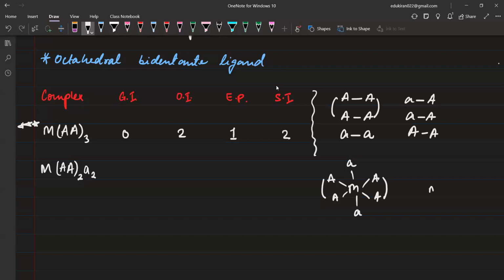Now for this structure, you can have the same thing, M with 6 bonds. In this case we have A, and also another A. We cannot have this type of structure.